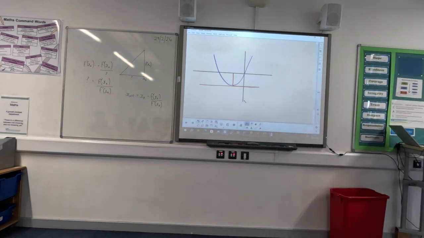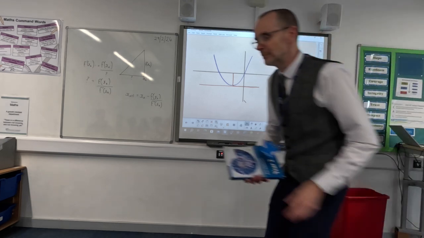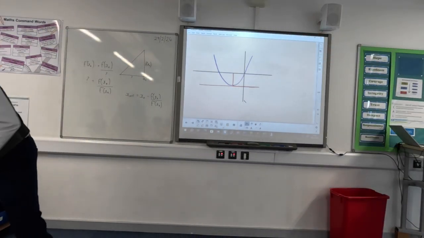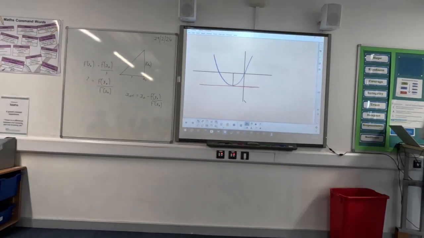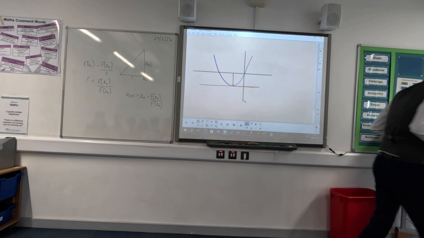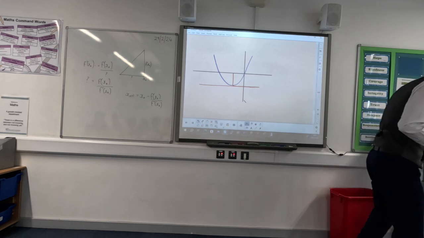Let's get the books out and have a look at some examples of this, because it really isn't that complicated, it's just about getting used to it. We are on page 283.